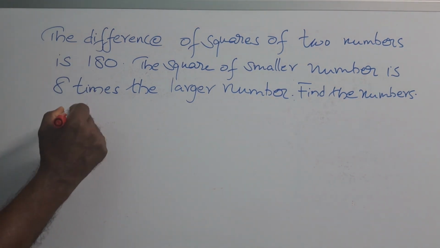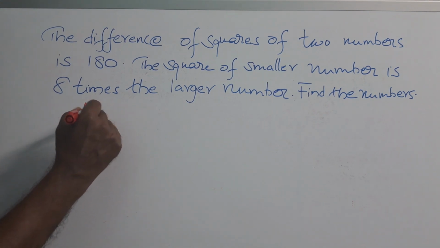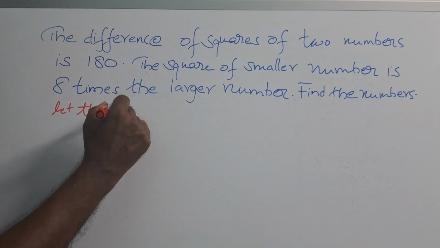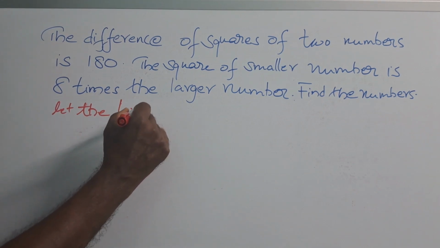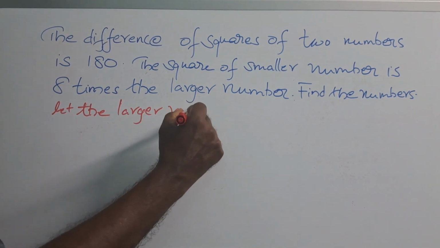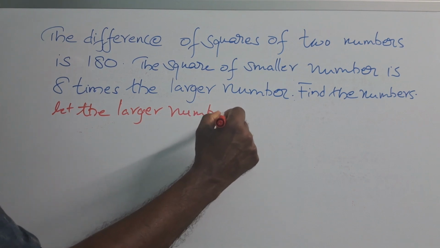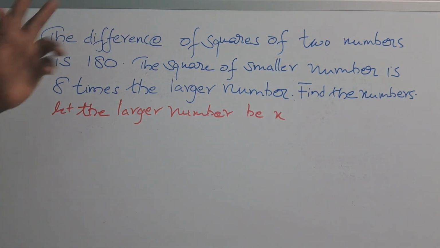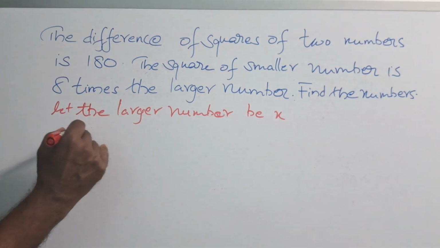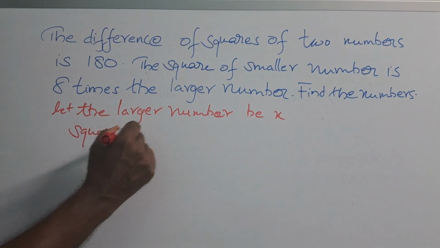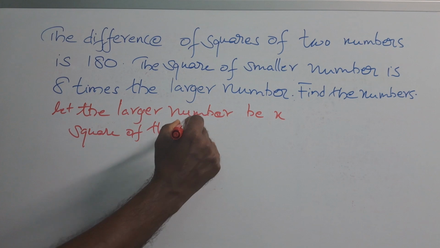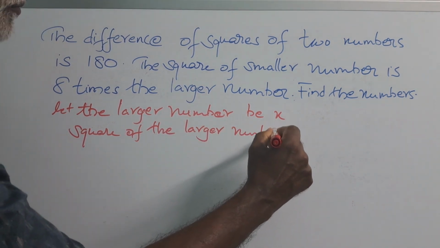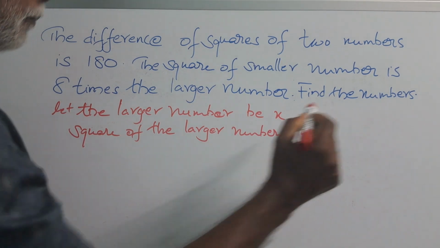So let's assume that the larger number be x. So the square of the larger number is x square.